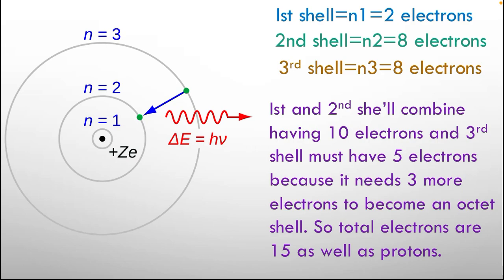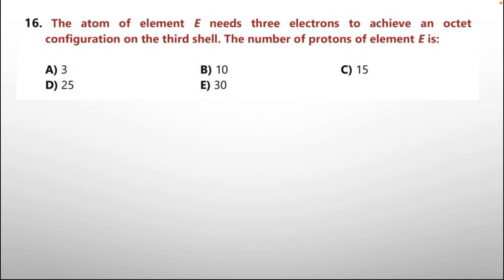The first and second shells combined have 10 electrons, and the third shell must have 5 electrons because it needs 3 more electrons to become an octet shell. So total electrons are 15, as well as protons. Here the correct option is option C, 15.